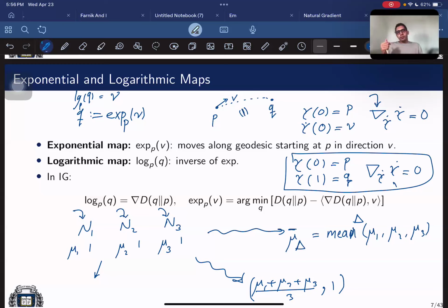So now we can ask the following question. You want the mean in what sense? Or when you're defining your optimization problem, you want the mean of these 3 distributions to preserve what? To be the KL divergence of the resulting mu hat to be this.